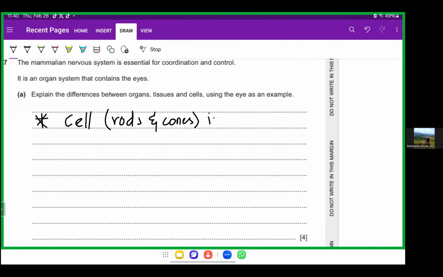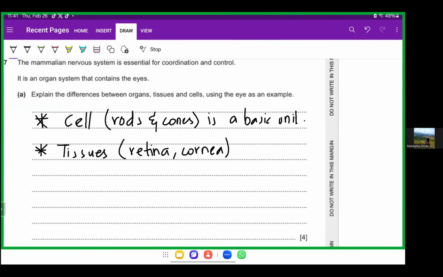A cell is a basic unit of life, right? Secondly, when we talk about tissues, you mention what tissues are present in the eye: retina, cornea, conjunctiva. You can mention any of them.